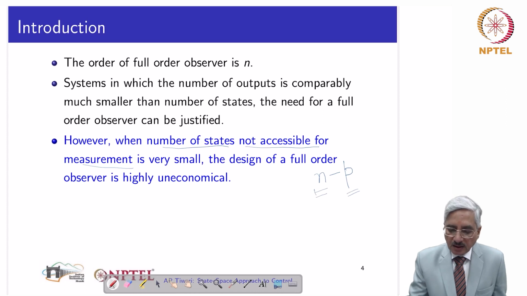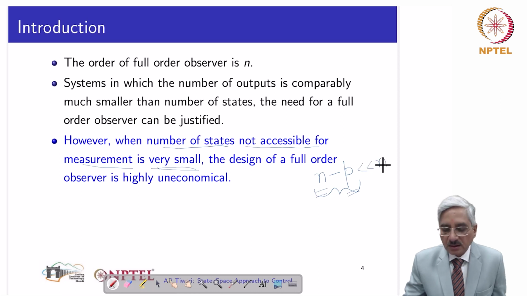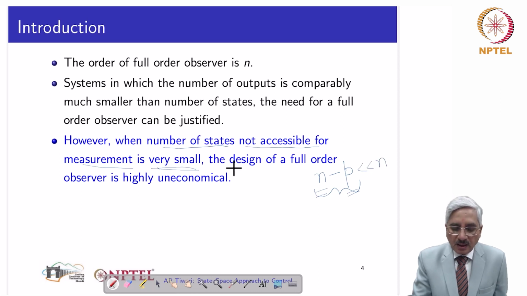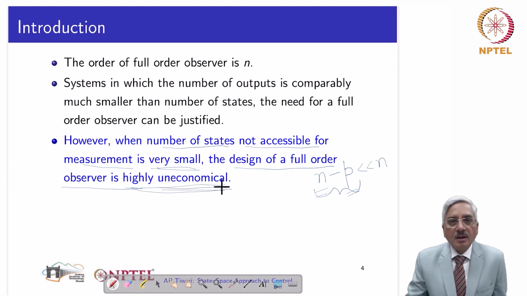If this difference n minus p is much less compared to the order of the system, then the design of full order observer is not justified, it is highly uneconomical. Of course, when we say this, we have in mind that implementation of observer is based upon some kind of analog circuits and components.